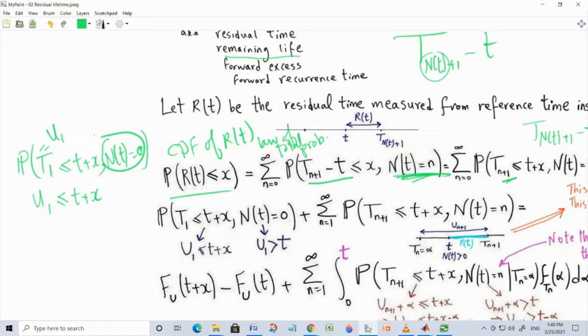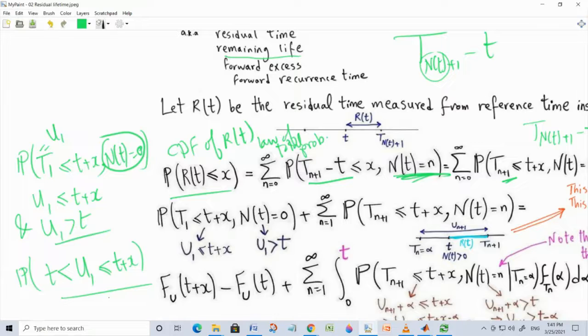It means that we are sure that the first arrival has occurred after t, because if the first arrival had occurred at t or less, then N of t would be higher than 0. So the fact that N of t is 0 means that U1 is greater than t.